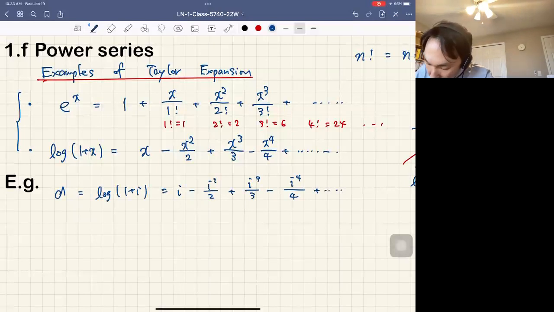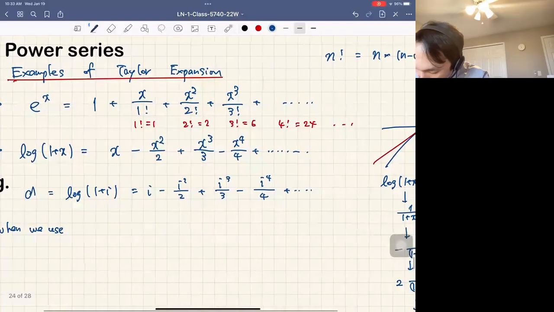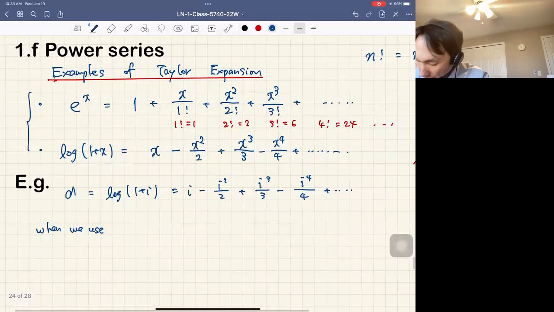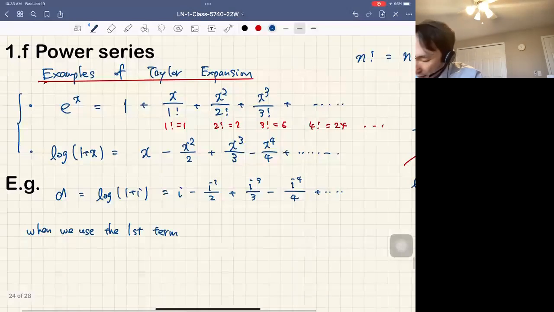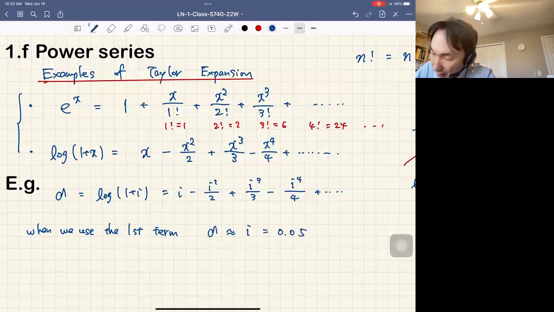So when we use the first term only, delta is approximately just i. So suppose i is equal to 5%, this is 0.05.